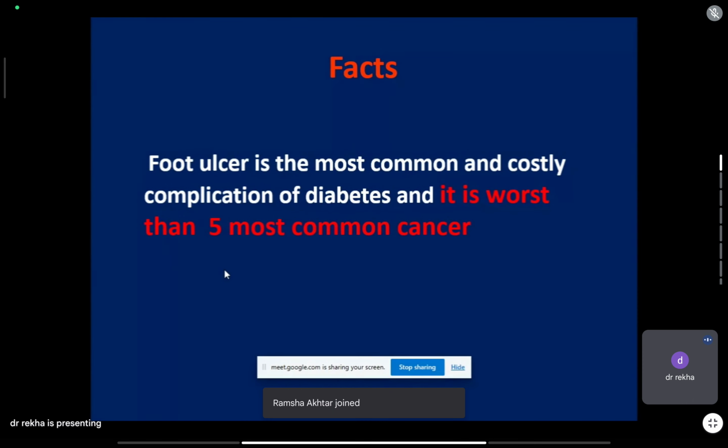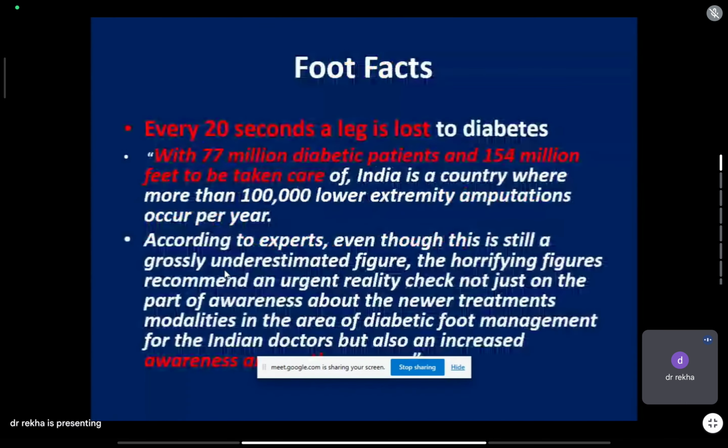Foot disease is worse than these cancers, and every 20 seconds a leg is lost due to diabetes. In India, approximately 77 million people have diabetes, and we have to take care of 154 million patients. For that, awareness among the masses is very necessary.